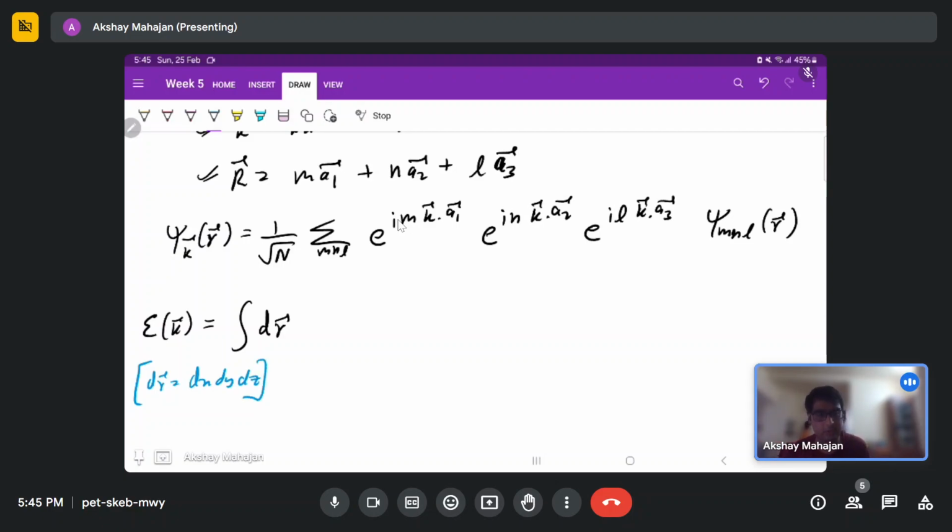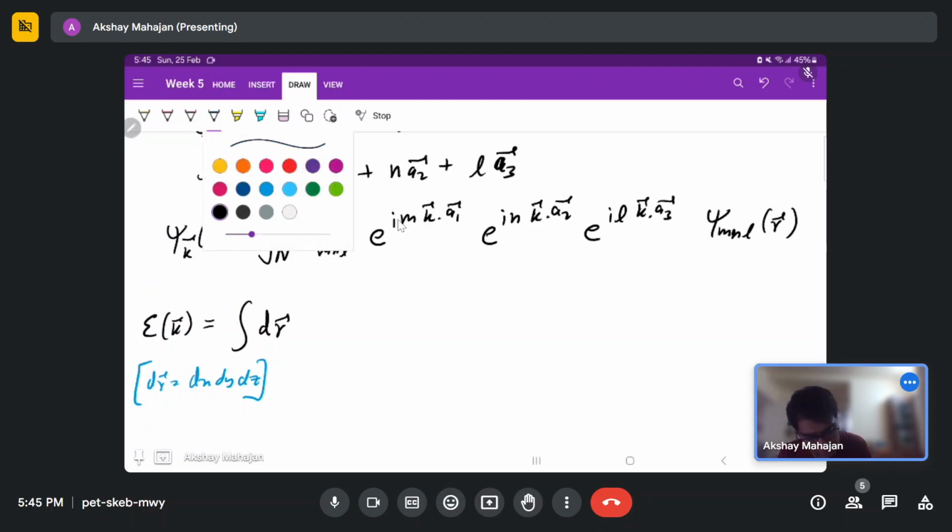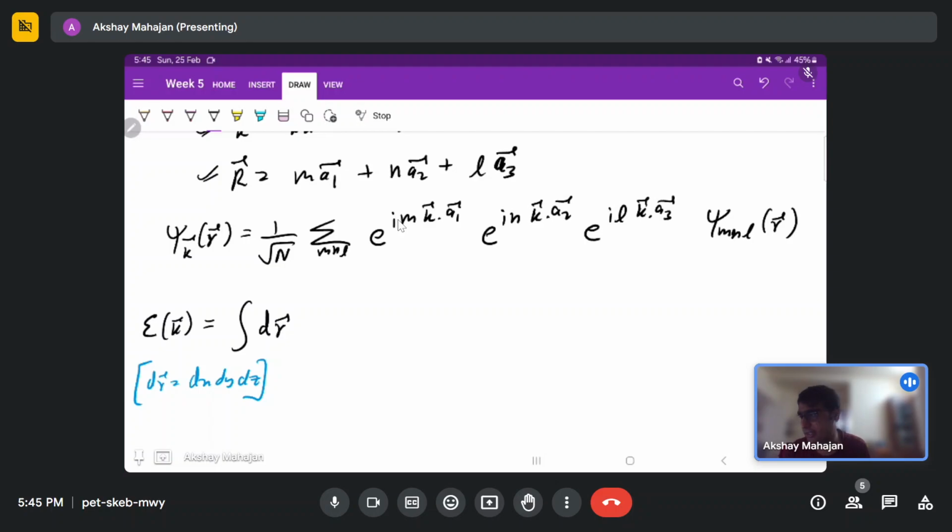I am writing it as dr vector because we are going to write it in bracket notation, so it doesn't matter whether we write dx dy dz. So I write the energy as the integral of dr vector, psi k vector star of r vector complex conjugate, H cap, psi k vector of r vector.